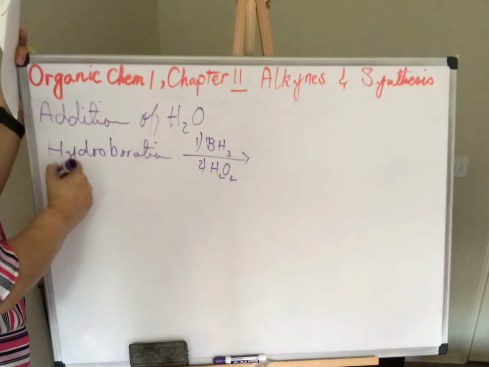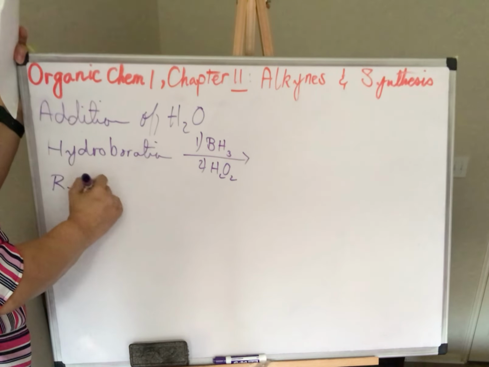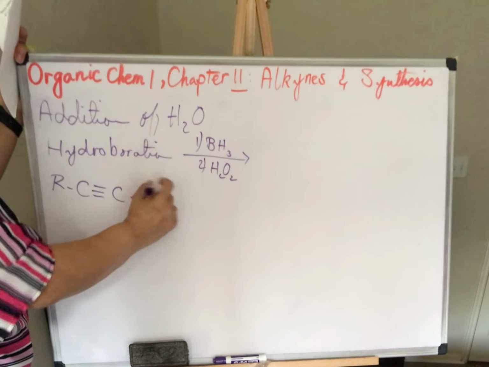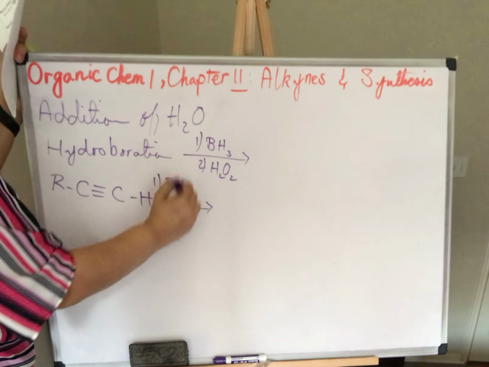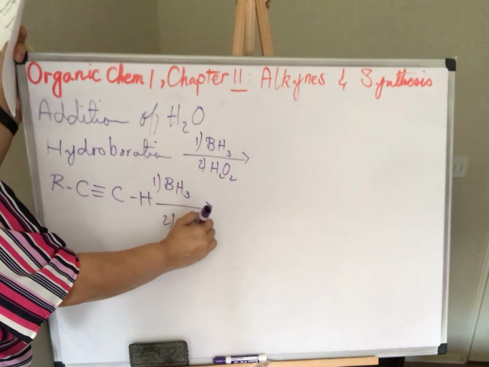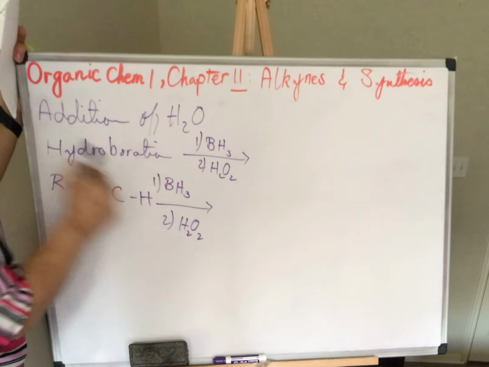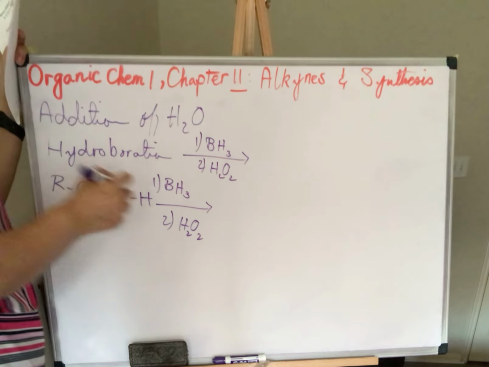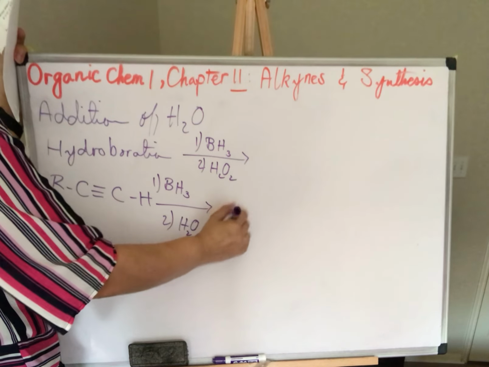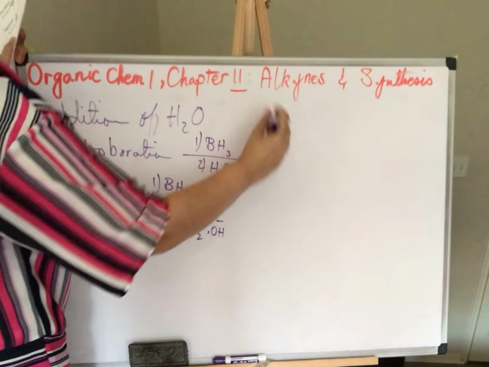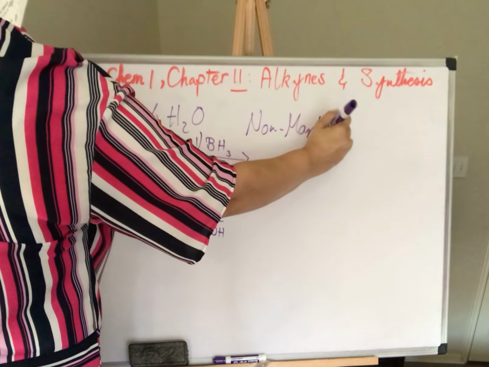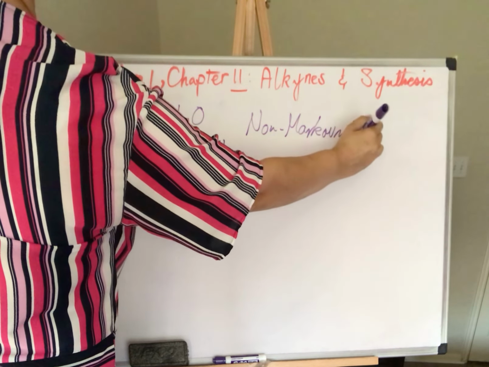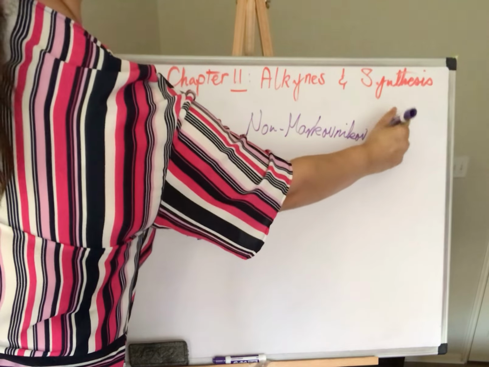Okay, so we go with the same example of general formula, BH3 and H2O2. I believe there is a base involved, but we have a base here also. All right, so we have a non-Markovnikov, means hydrogen is added to hydrogen poor carbon, and a syn addition.